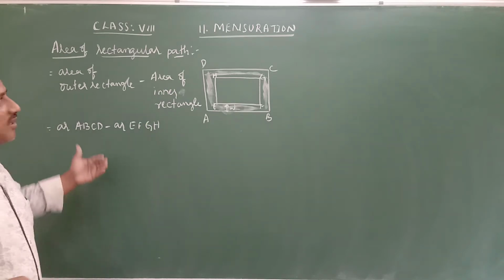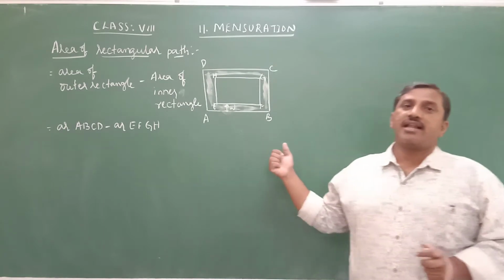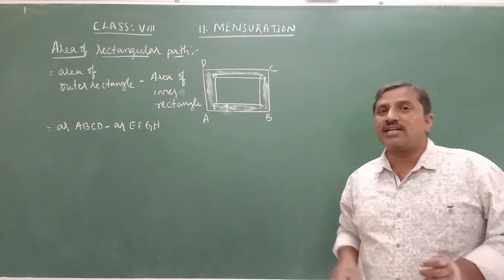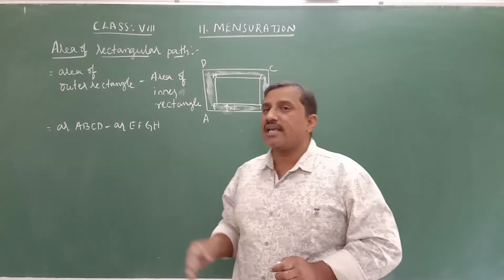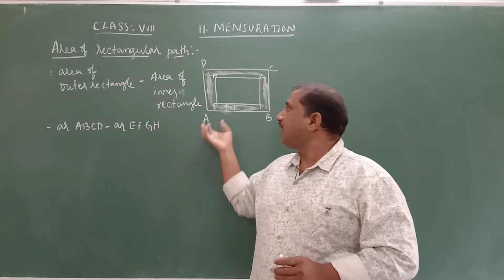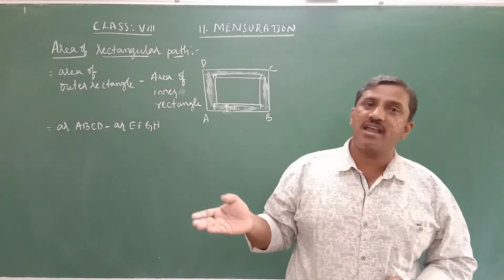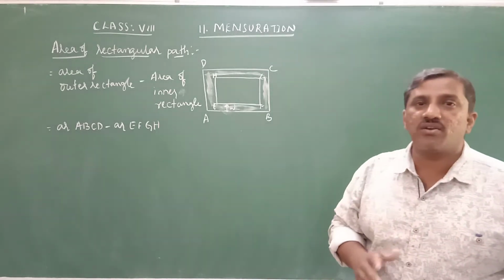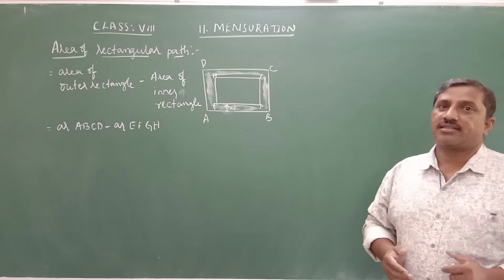We know the formula for the area of a rectangle: length into breadth, and the same for the other rectangle. If it is a square, the area of the outer square minus the area of the inner square. We can represent the squares as ABCD and EFGH. The area of a square is side into side, that is side squared.